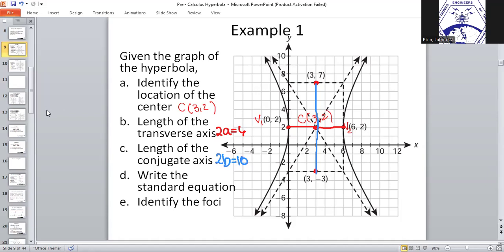So write the standard equation of the hyperbola. Now since our hyperbola, yung branches ng hyperbola ay nag-open sa left and right, we have a horizontal transverse axis.